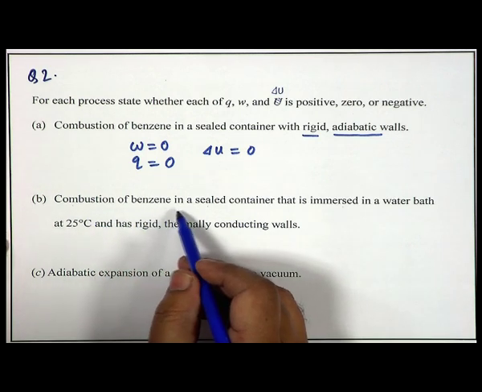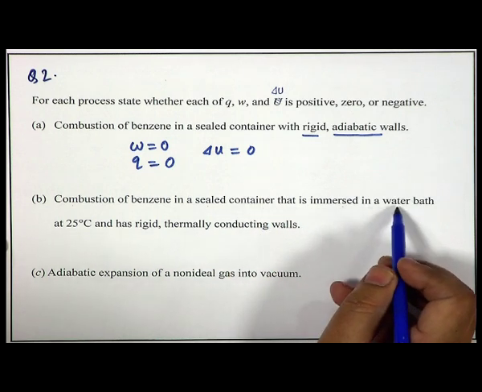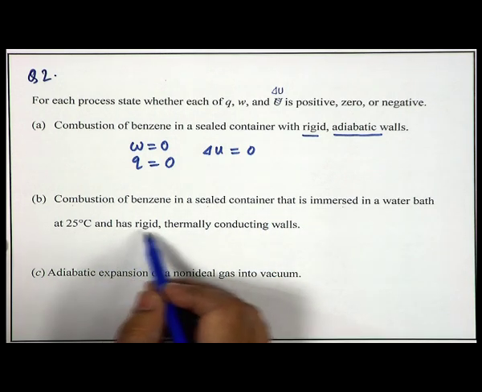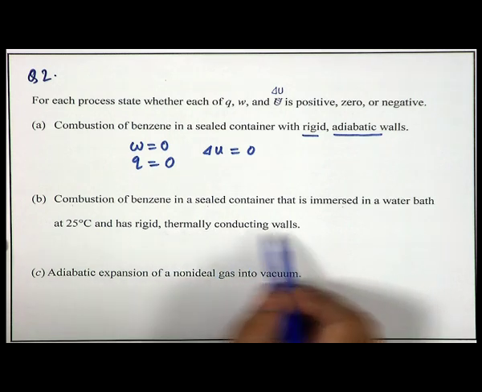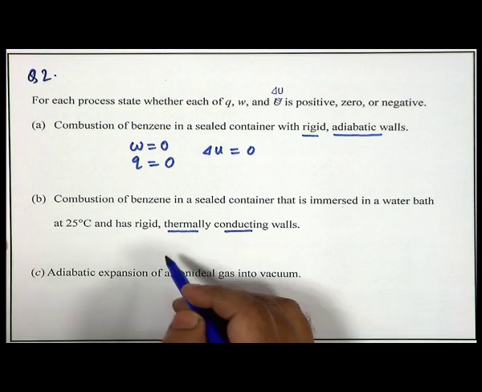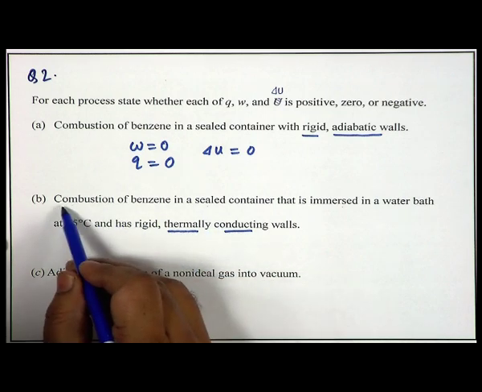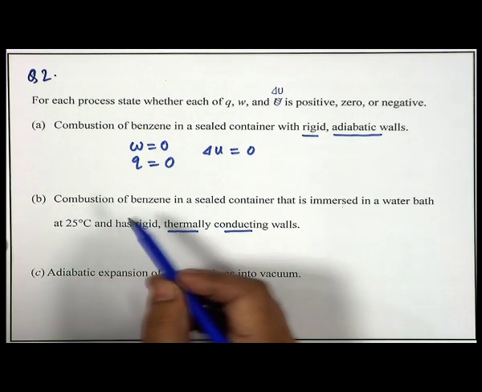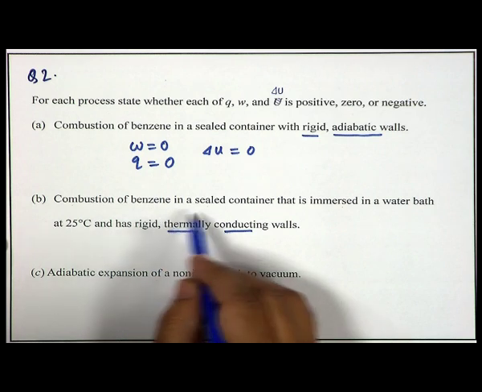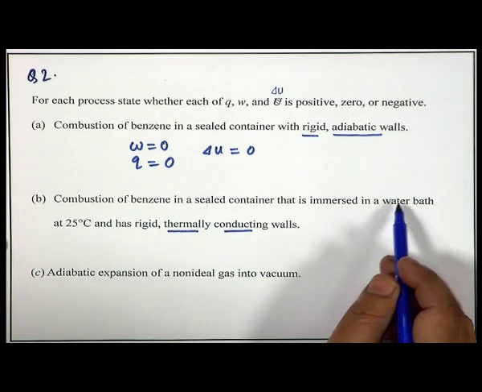Combustion of benzene in a sealed container that is immersed in a water bath at 25 degree centigrade has a rigid thermally conducting wall. It has a thermally conducting wall, which allows energy exchange as heat, and because combustion of benzene is an exothermic reaction, heat gets generated, which goes out of the system to the surroundings, which is the water bath.